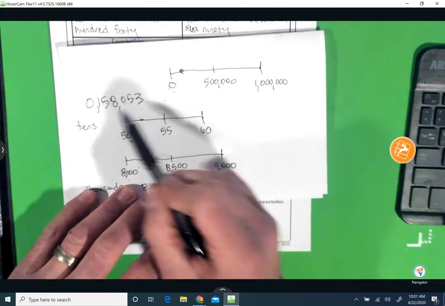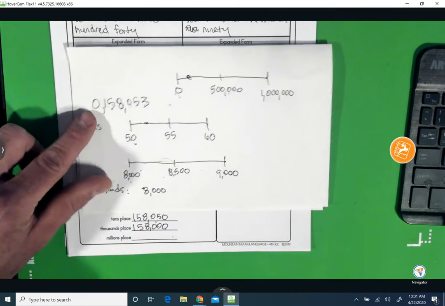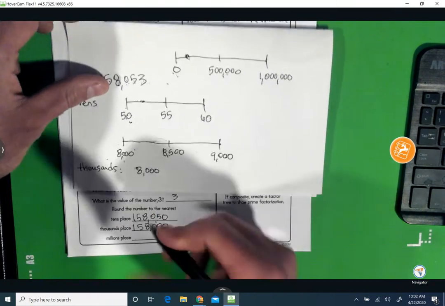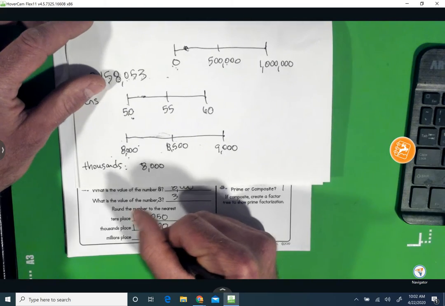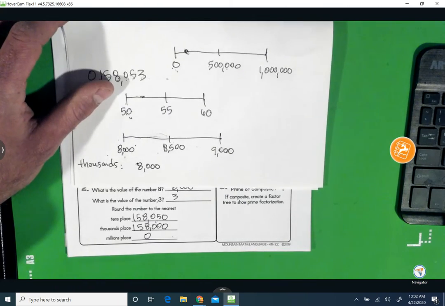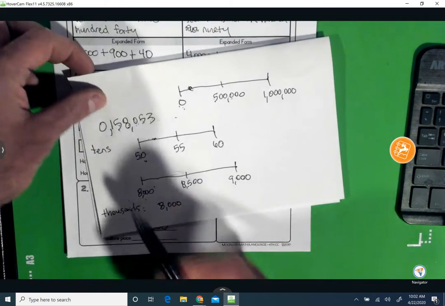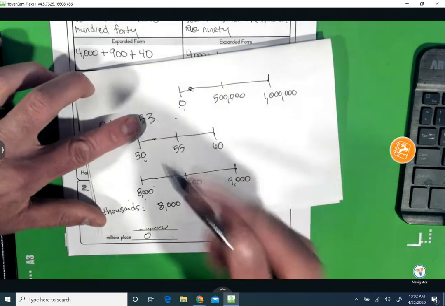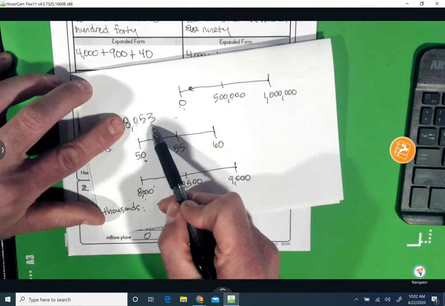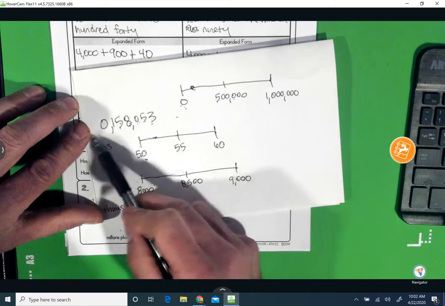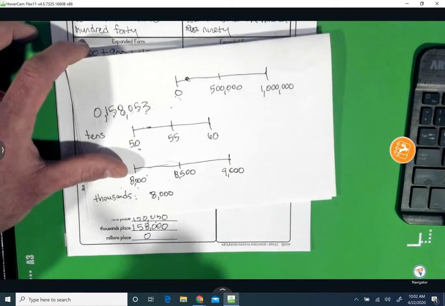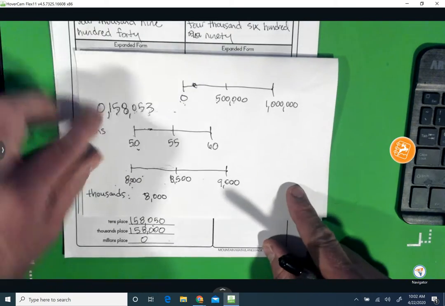Therefore, 158,053 to the nearest millions place is actually 0, right? So rounding large numbers, but still rounding to the classic tens place and thousands place. You just got a little extra baggage over here in the 10,000s and in the 100,000s place to include after rounding the number.